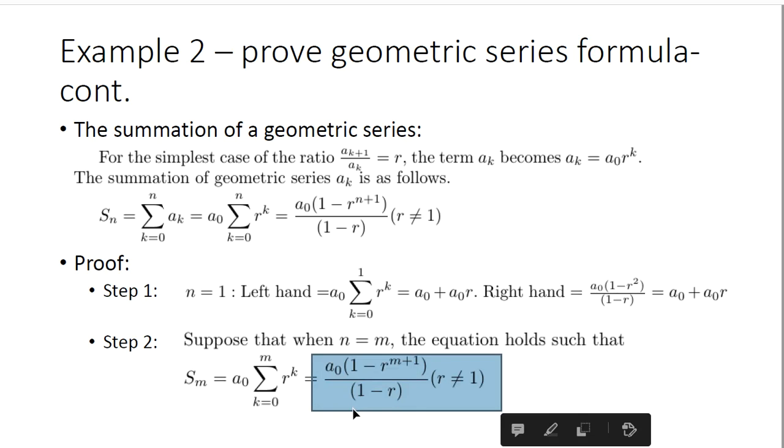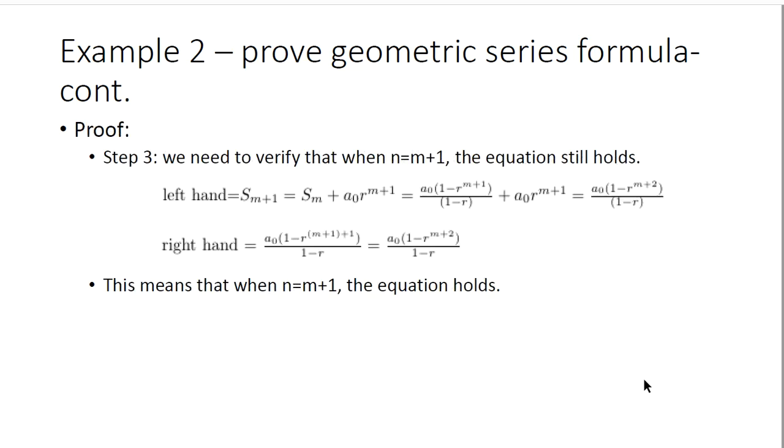The numerator is a sub 0 multiplied by 1 minus r to the power m plus 1, and the denominator is 1 minus r. So let's go to step 3. We need to prove that the equation also holds when n equals m plus 1.